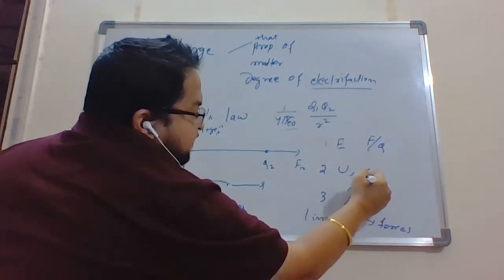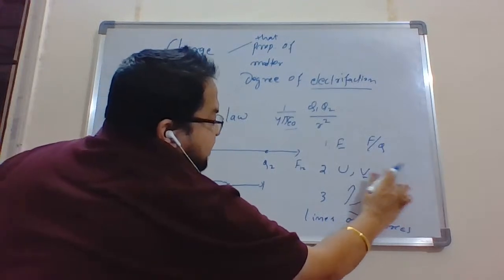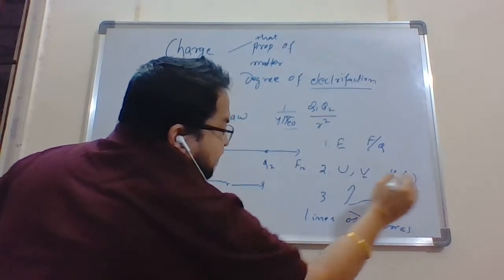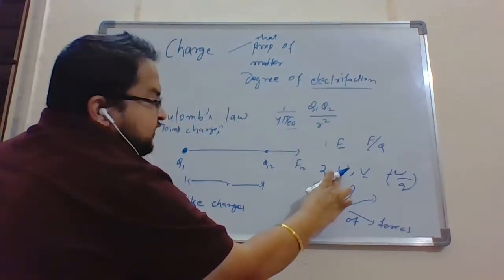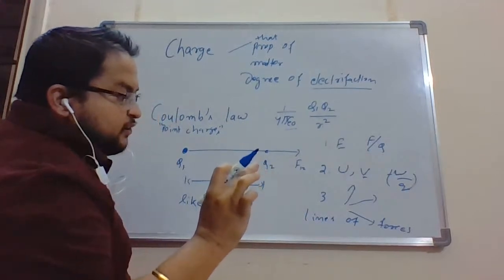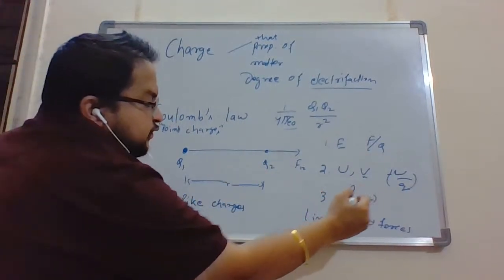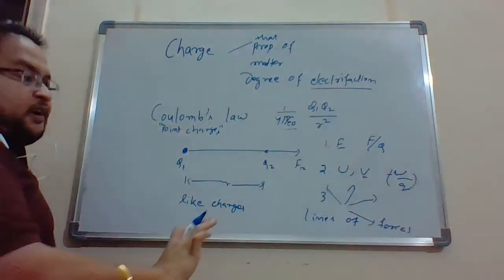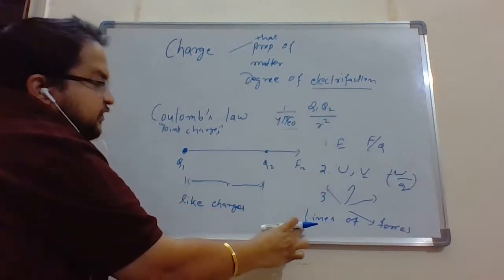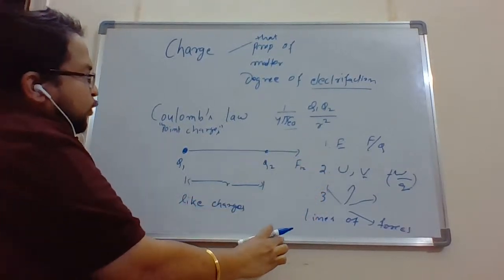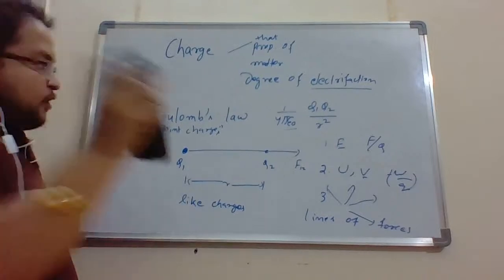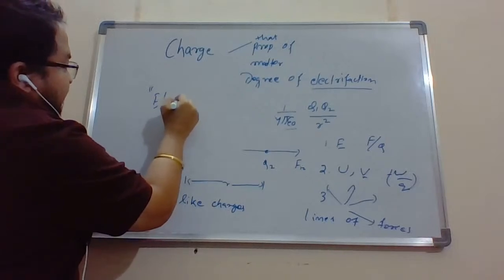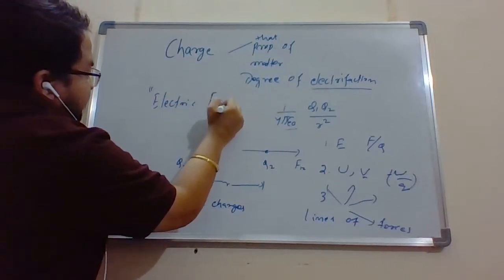We have defined potential as the work done upon unit charge, and obviously U or potential energy is just the minus of work done, right? And similarly, for lines of forces, visually we represent the electric field. So these are three different physical quantities using which we try to explain something called electric field, right?